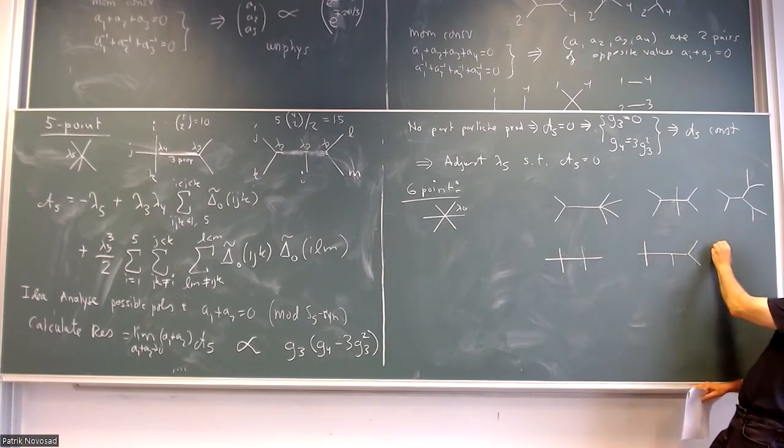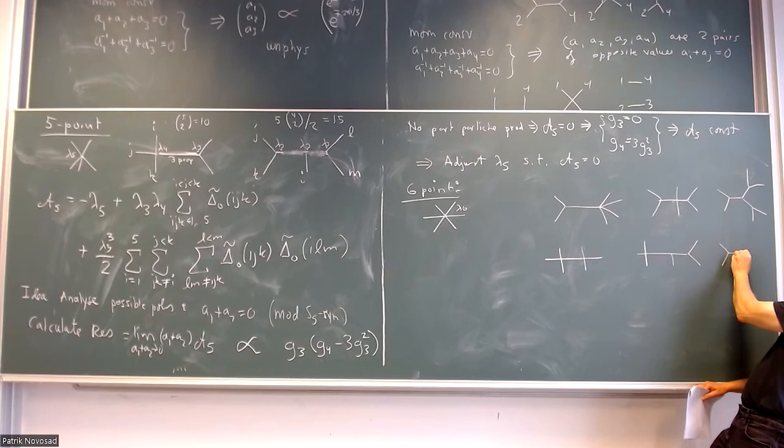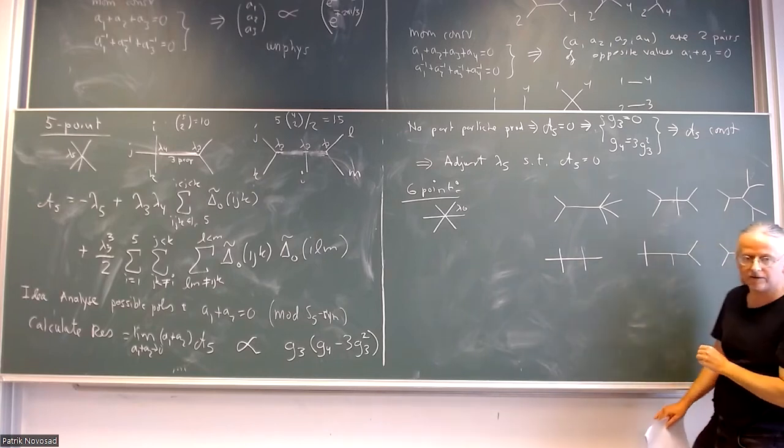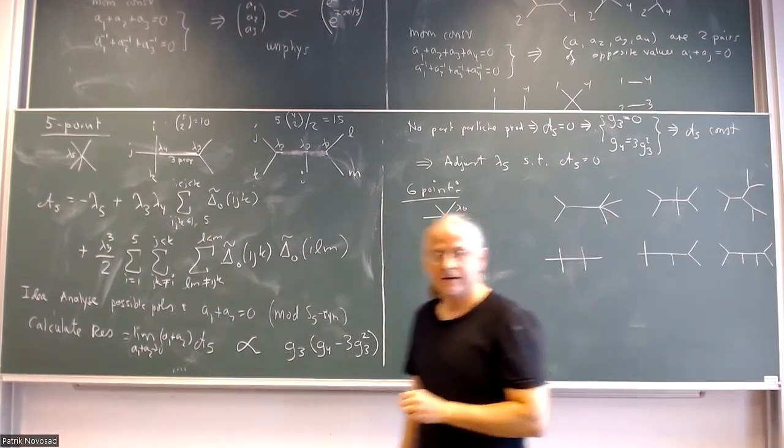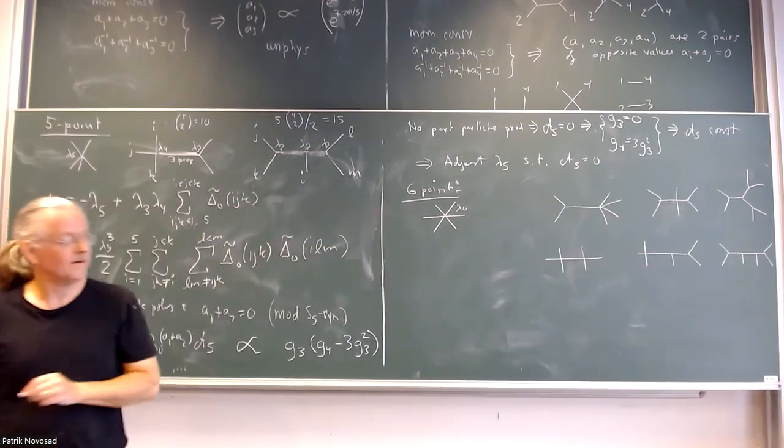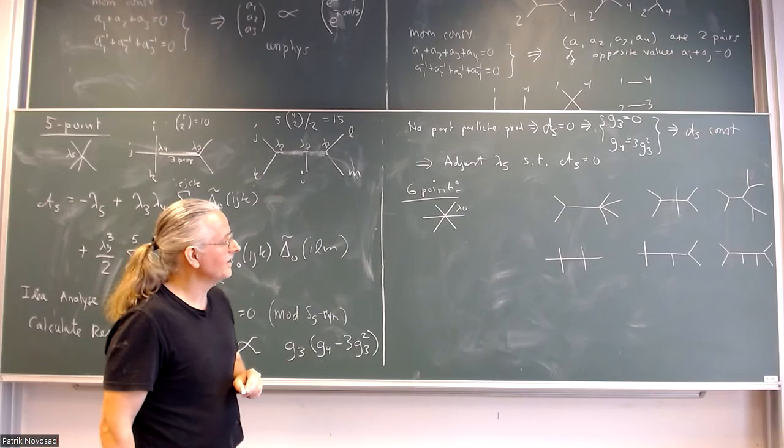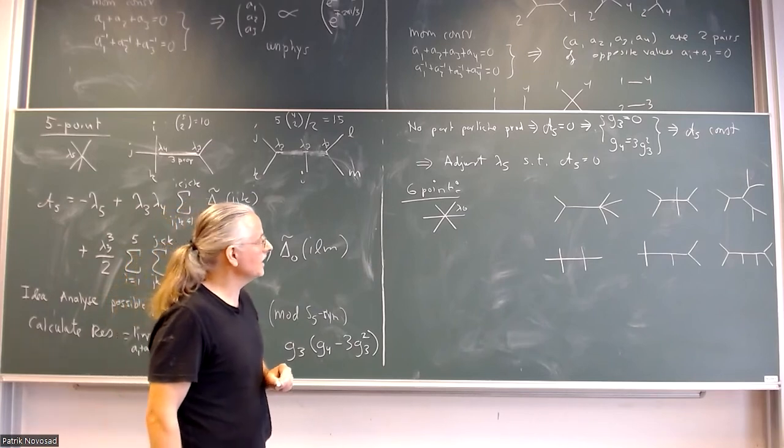And what else? Then there will be this, like this. Right? If you have like 3 lines and 3.